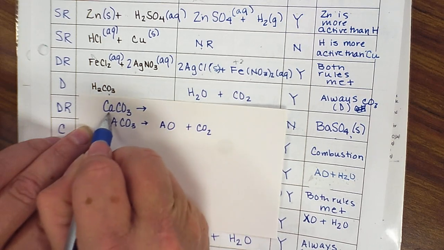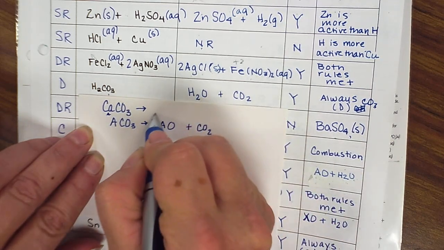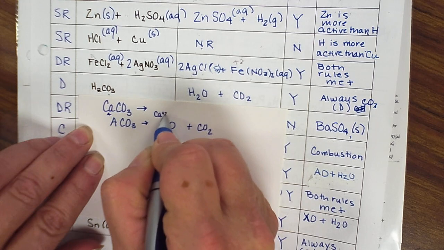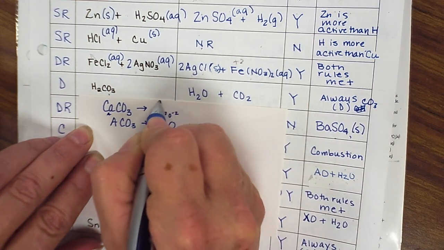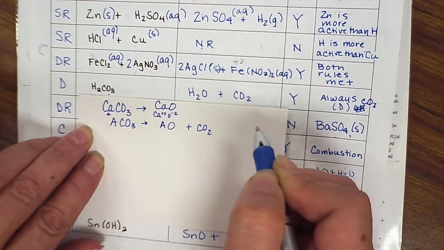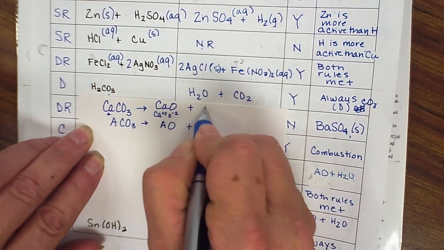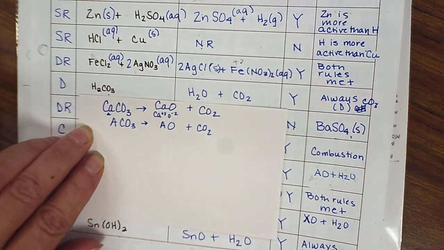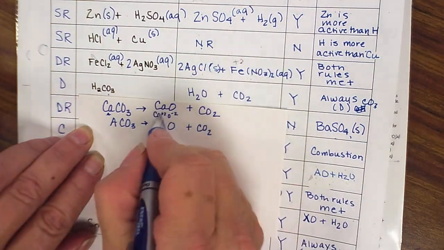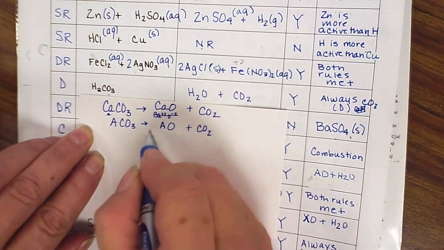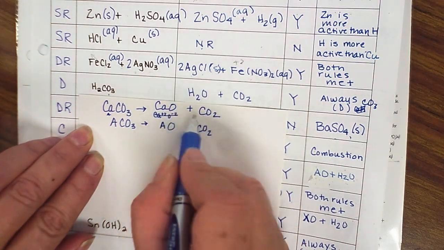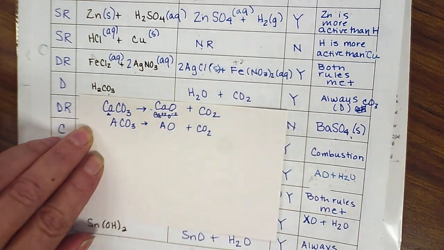So here my A is calcium. So I'm going to do Ca plus 2, O minus 2. So my product would be calcium oxide plus CO2. And then I would balance my equation. If I balanced my equation, 1, 1, 1, it's balanced.